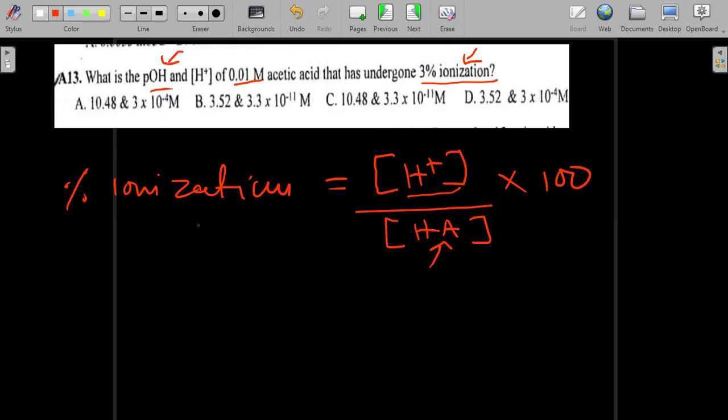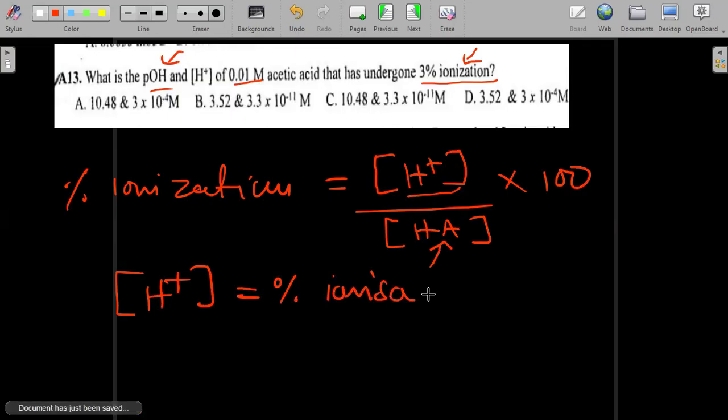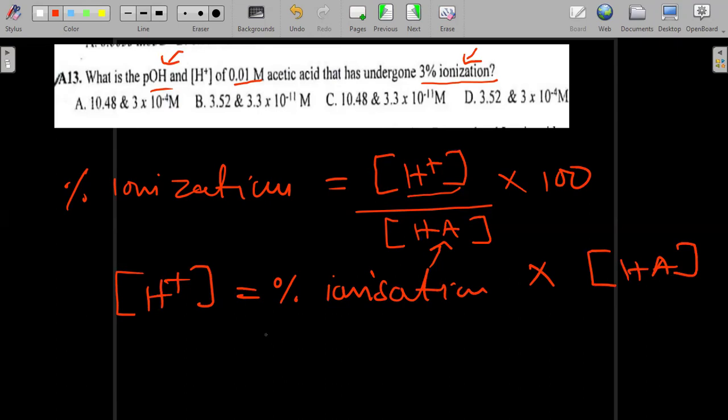So the hydrogen concentration, H plus, is equal to the percent of ionization multiplied by the initial concentration of the acid. Here the percent is 3%, which is 3 over 100, multiplied by the initial concentration, which is 0.01.